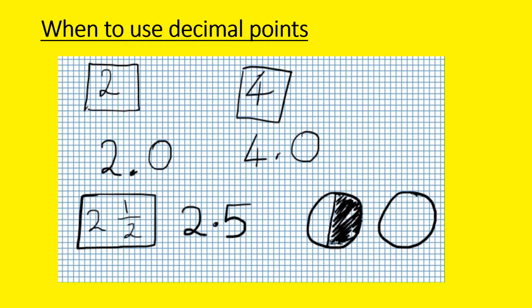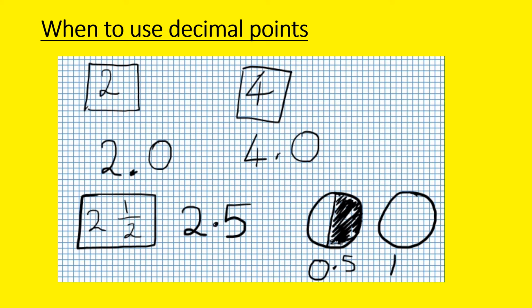So here's my one whole cake. There's no need for a decimal point at the end. And over here, because I'm eating half, which we know is 0.5, that's why we know we need to use a decimal point. So what do we know right now?